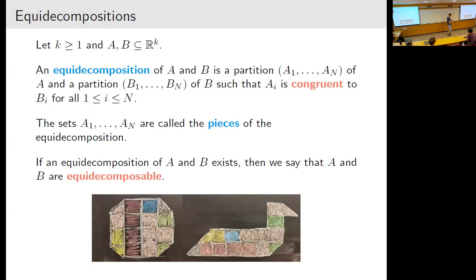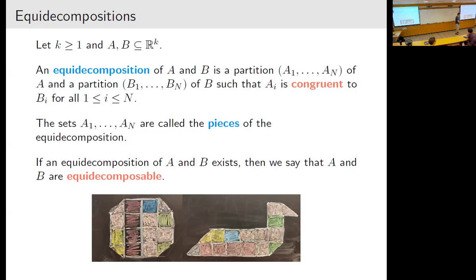So as a little example, at some point I gave this talk in Brno in the Czech Republic, and my Airbnb had a chalkboard. I needed an example, so I drew one. In some sense, the idea here is that this irregular octagon is equidecomposable to this duck. Think of each color as being a piece.